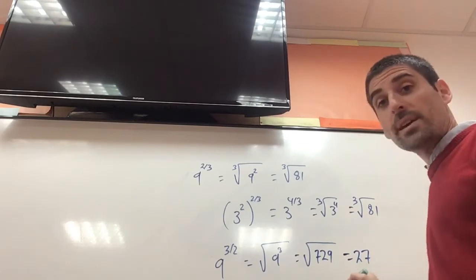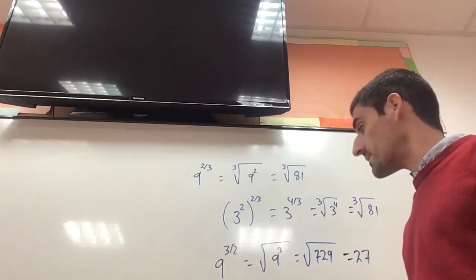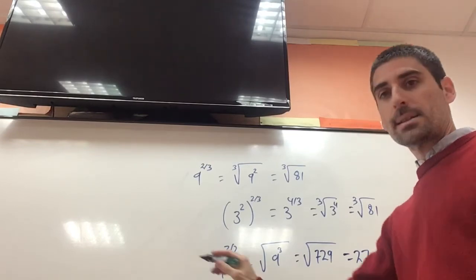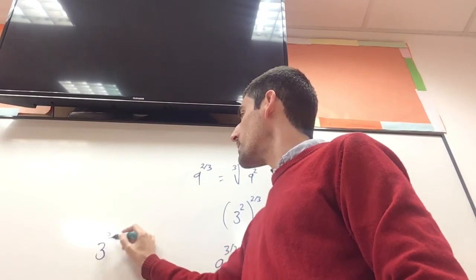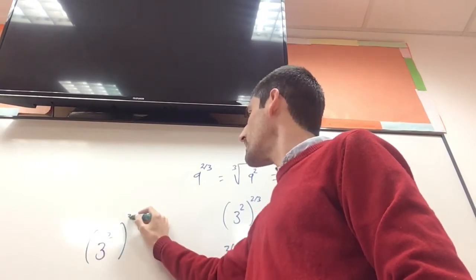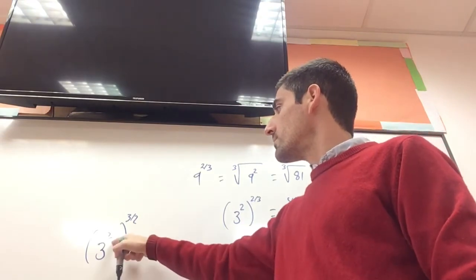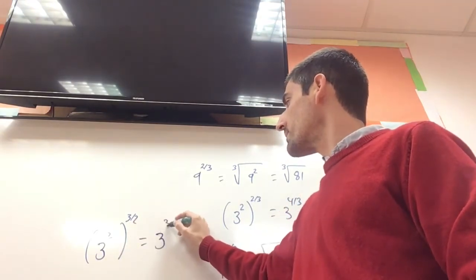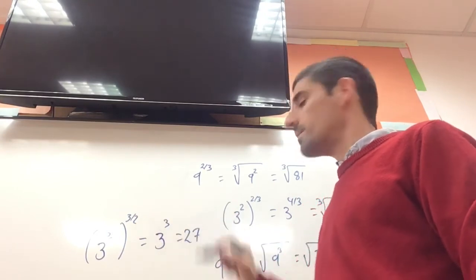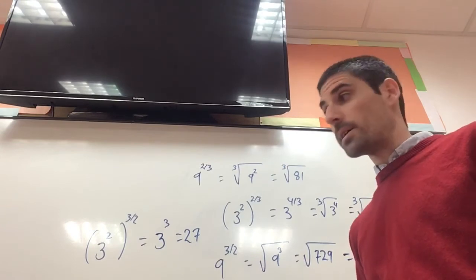And the reason I know the answer is 27 without a calculator is because of the other way to answer this question. 9 is 3 squared, to the power 3/2. 2 times 3/2 is 3, so this is 3 to the power 3, which is 27. So there you go, that is your answer.